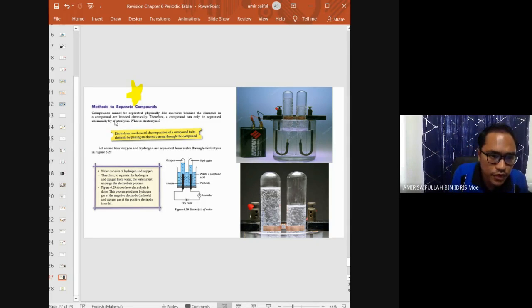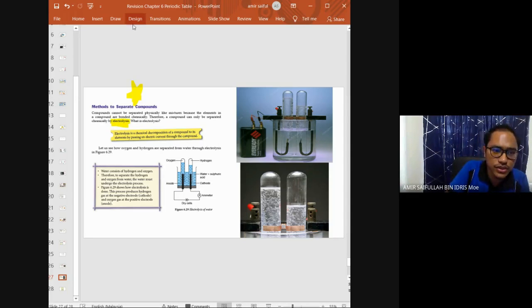A compound cannot be separated physically like a mixture because the elements in the compound are bonded chemically. They are bonded already, married already. Therefore, a compound can only be separated chemically by a process known as electrolysis.